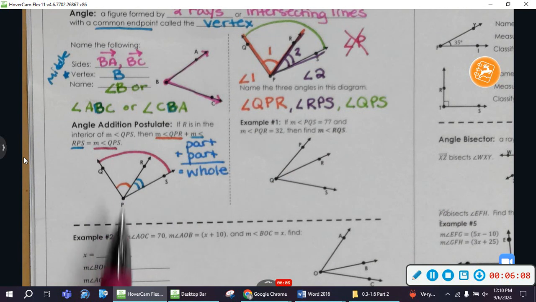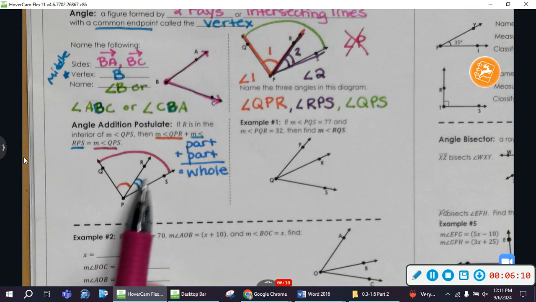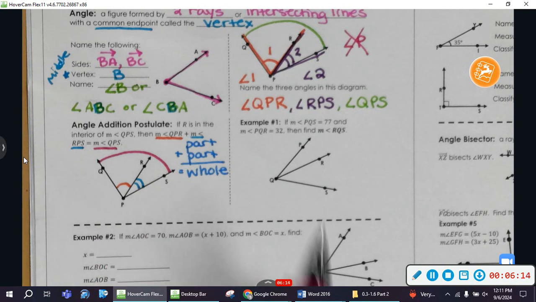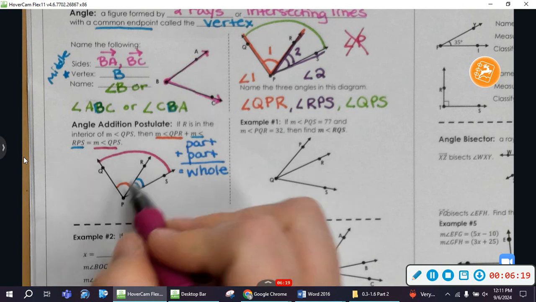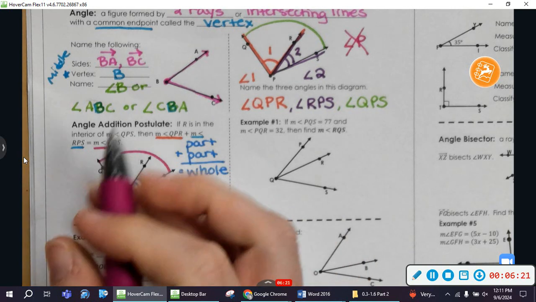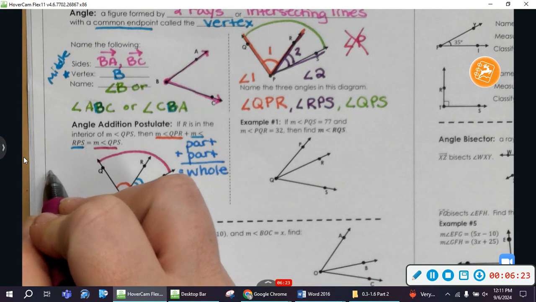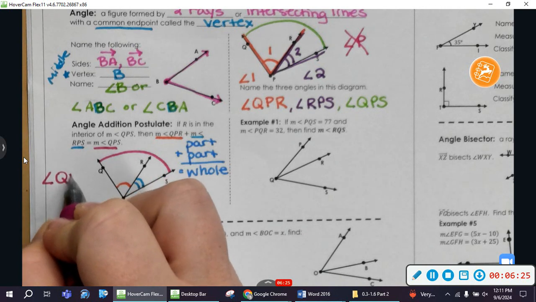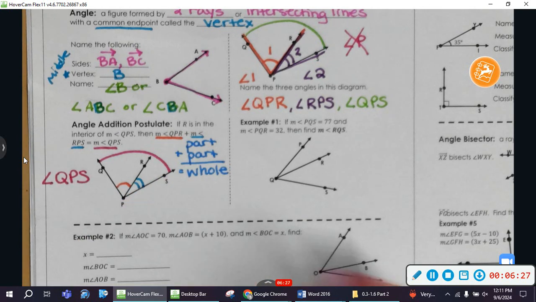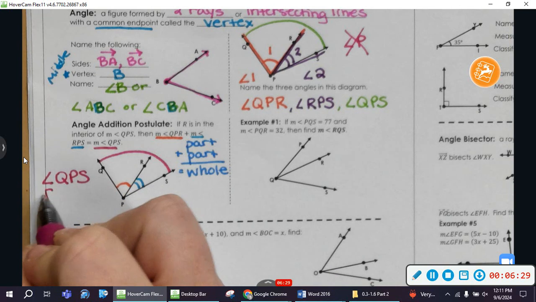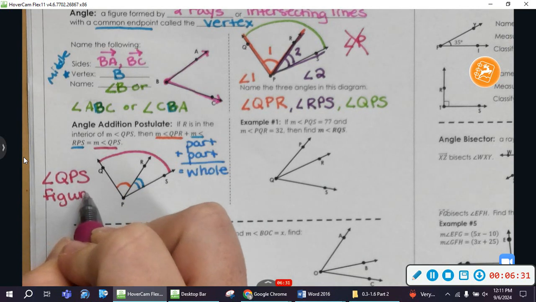And that makes sense. If I take this smaller part, add it together with that, it should equal the biggest angle. Now, when I'm talking about an angle, this, we just said its name is angle QPS. Angle QPS is referring to that figure.